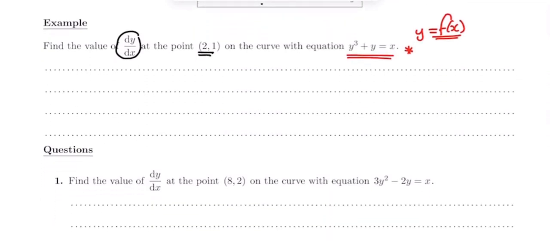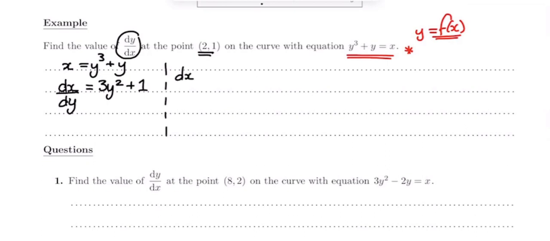So the first thing I'm going to do is x equals y cubed plus y. So instead of finding dy/dx, I'm going to find dx/dy. So this is 3y squared plus 1. Now I've got some options. Option 1 is I can work out the value of dx/dy when y equals 1.